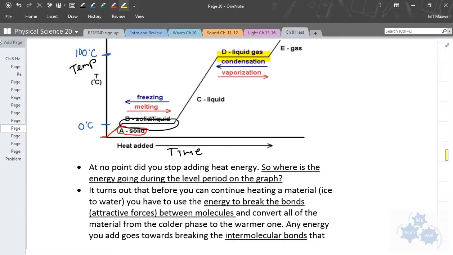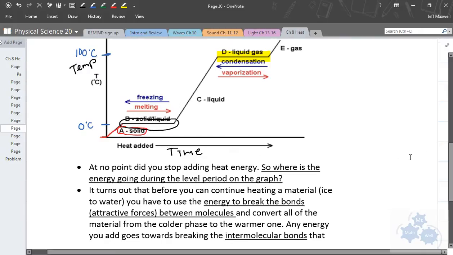The energy that we are applying to this substance is actually going to breaking the bonds between the atoms. Remember I said at the beginning, kinetic molecular theory: in solid form, when those atoms or molecules have low energy, they're really close together, and they kind of don't move much. But when you add energy to them, they start to vibrate, and they start to break apart.